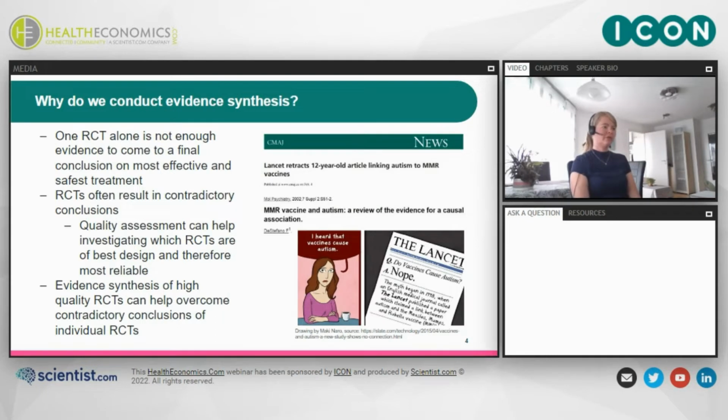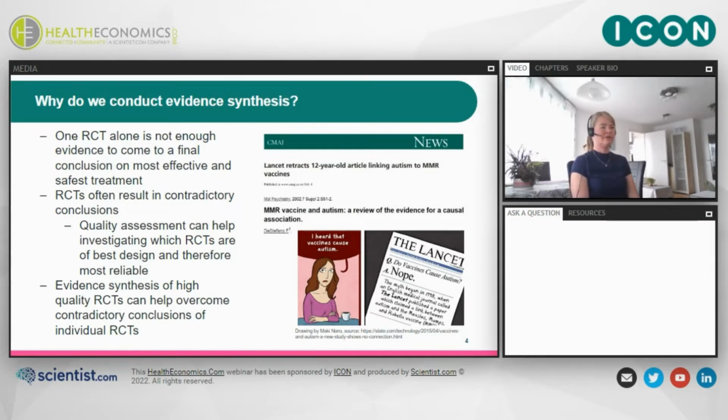So the main objective of evidence synthesis is that one RCT alone usually doesn't provide enough evidence to come to a final conclusion, which is the most effective and the safest treatment. As you probably all know from practical experience, RCTs often result in contradictory conclusions.